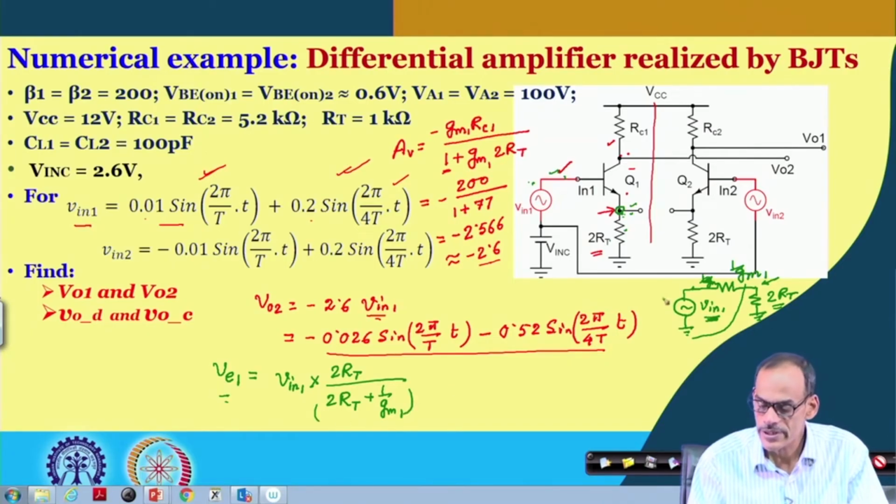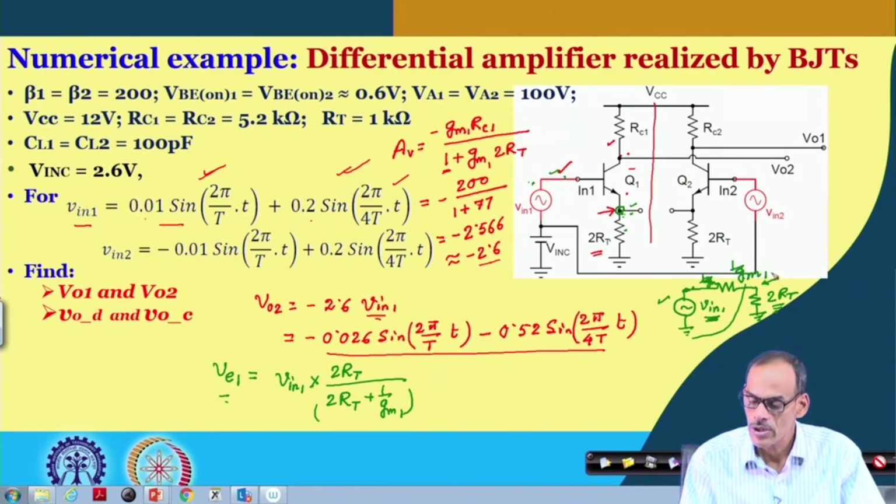That is because this signal is getting divided across this 1 by gm1 and 2RT to create this voltage called VE1. So, this is the signal we are getting at this point. Before connecting the load it was like this, and then once we connect this 2RT, then whatever voltage we are getting here.